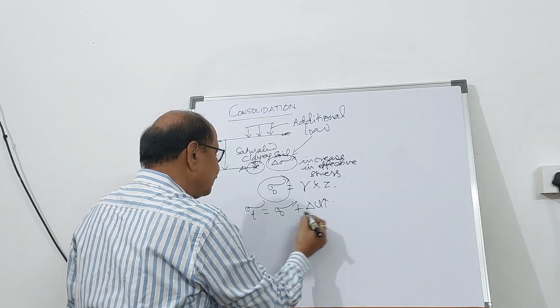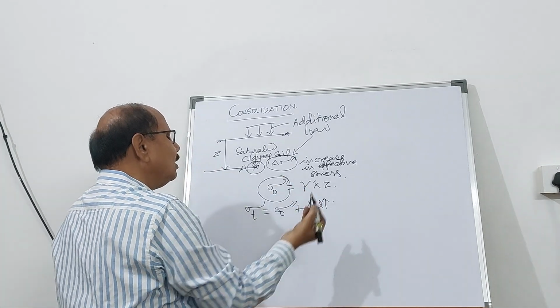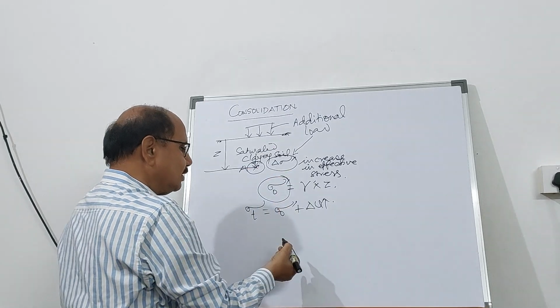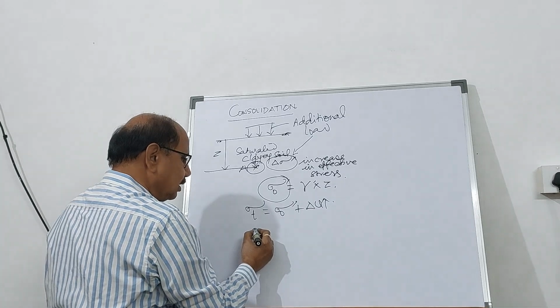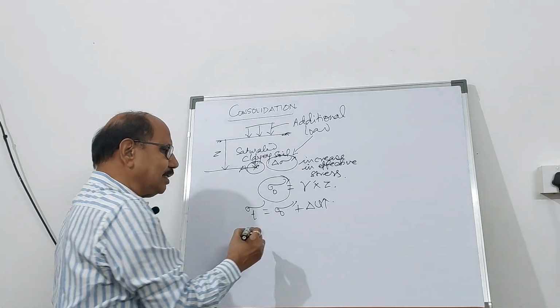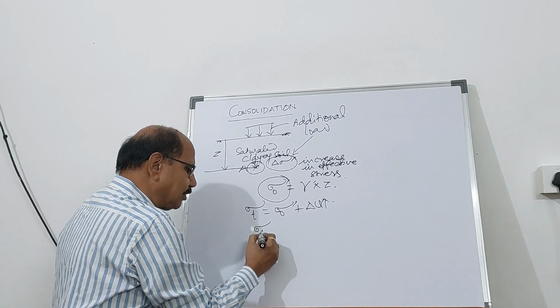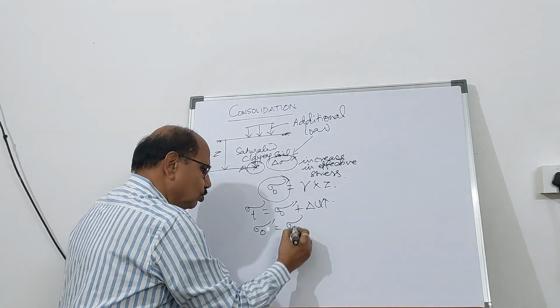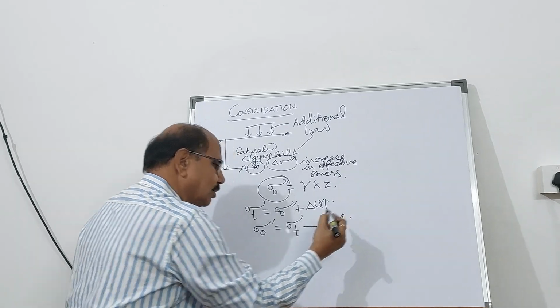And this is going to decrease over a passage of time. The water in the void is going to come out from this soil mass. As a result, the void ratio is going to decrease. So the effective pressure is going to be the total pressure minus the excess pore water pressure.